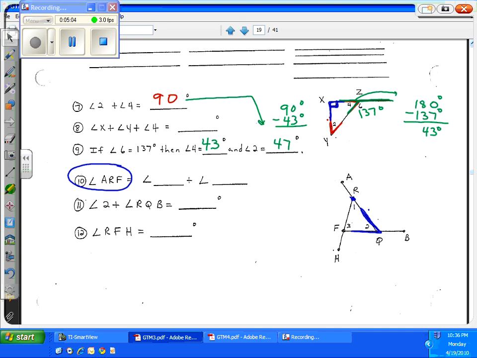Angle RQB goes from R to Q to B. You put them together and you have a linear pair, right? So angle 2 plus angle RQB is 180 degrees because they're a linear pair. Any questions on that?